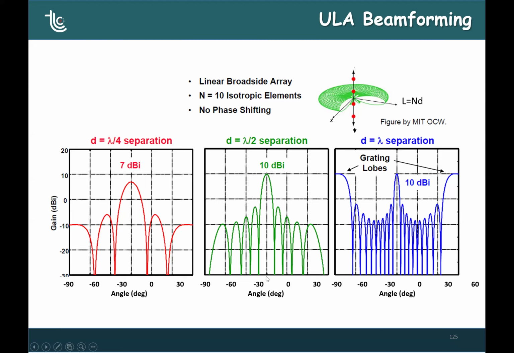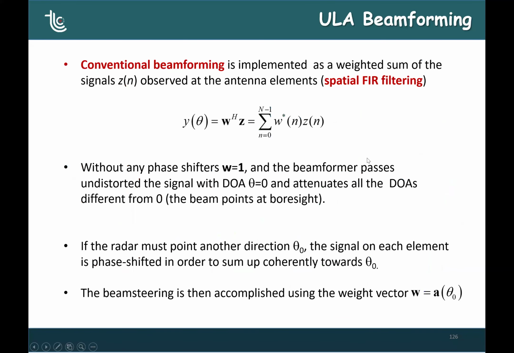The maximum should be in a position equal to 0, and the beamformer attenuates all the signals coming from all the other directions that are different from the boresight. What happens if we want to point our beam in another direction?